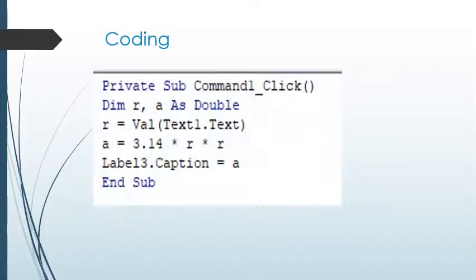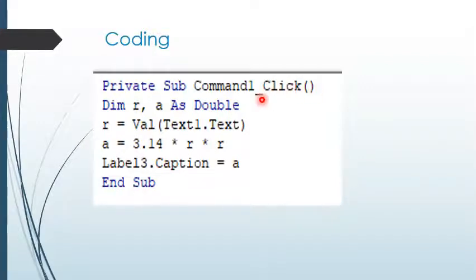In coding, while doing programming, we double click on the Command1 button. At that time this event generates the Private Sub Command1_Click function.